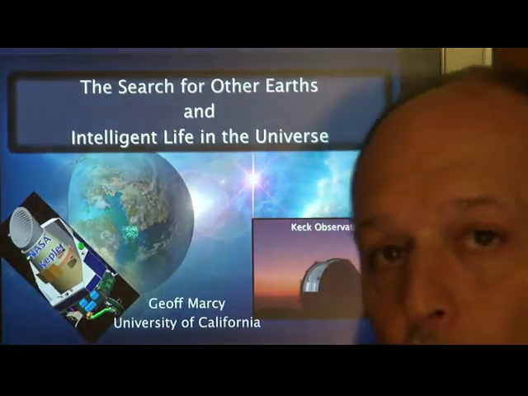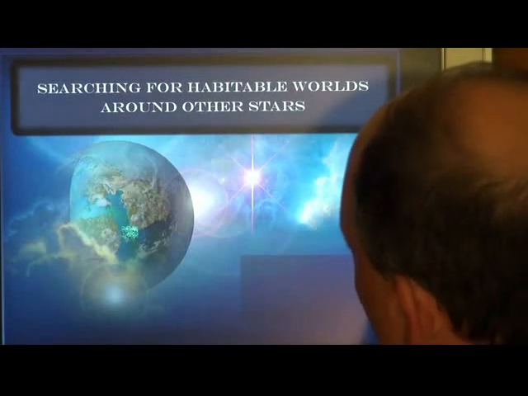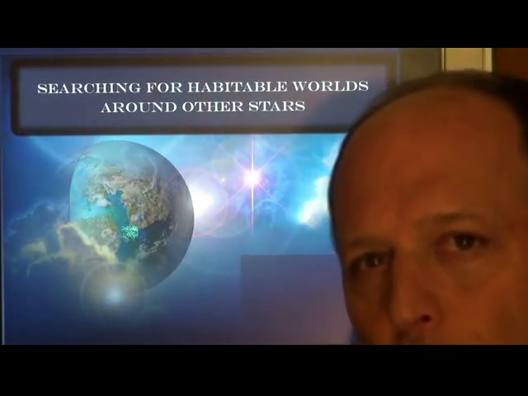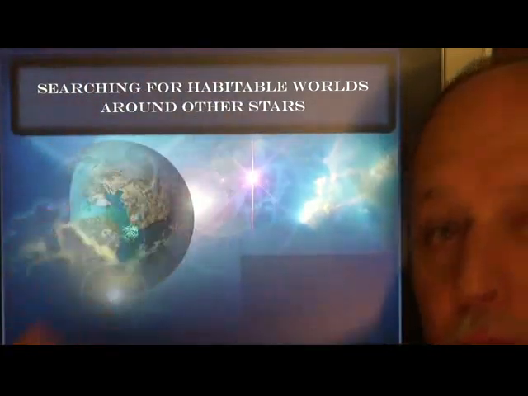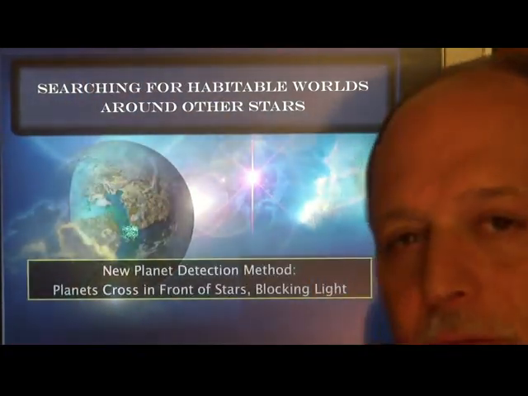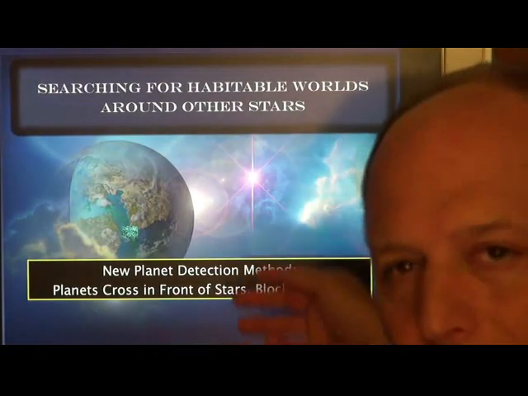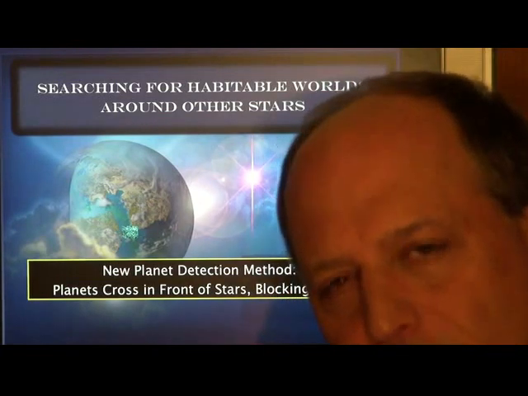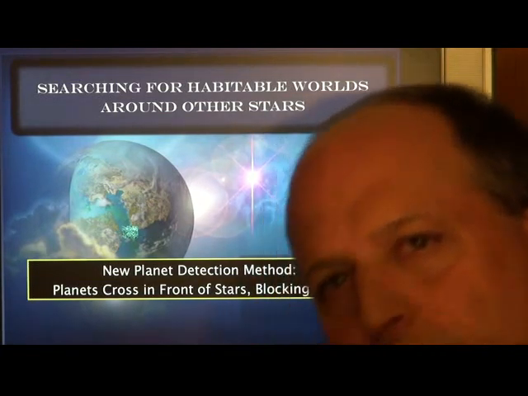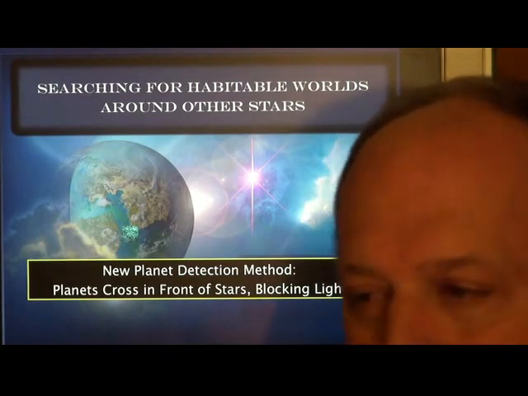We're using some of the world's largest telescopes and indeed a Spaceborne Telescope. And the way we search for planets, even as small as that of the Earth, orbiting other stars, is by a very simple and new technique. We simply watch planets to see if they ever cross in front of stars, and when they cross in front of stars they'll block a little of the starlight, dimming the star.